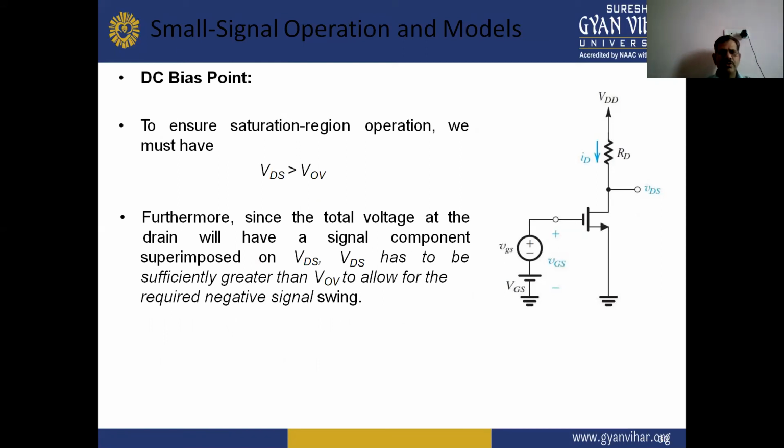To ensure saturation region operation, we must have VDS greater than VOV. Furthermore, since the total voltage at the drain will have a signal component superimposed on VDS, VDS has to be sufficiently greater than VOV to allow for the required negative signal swing.